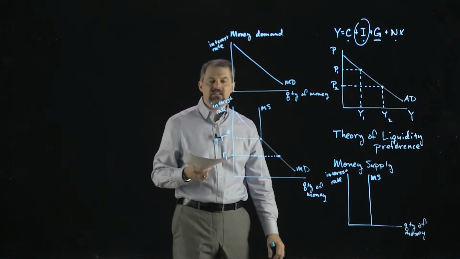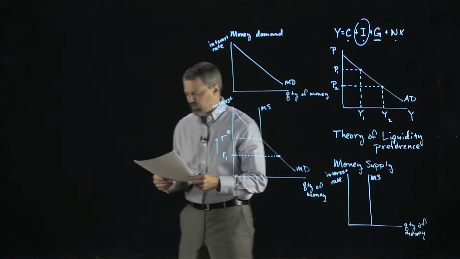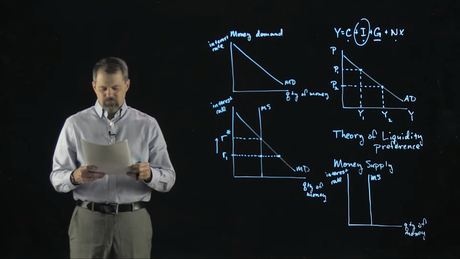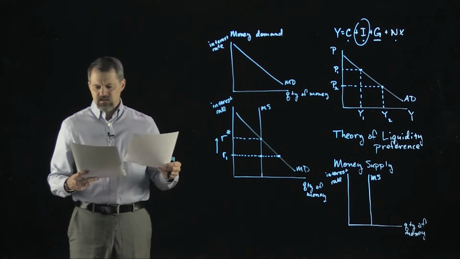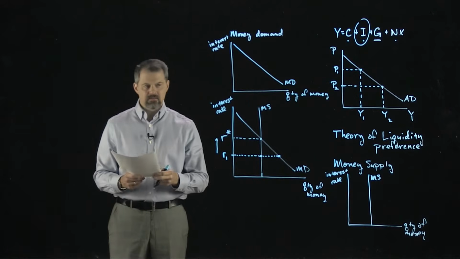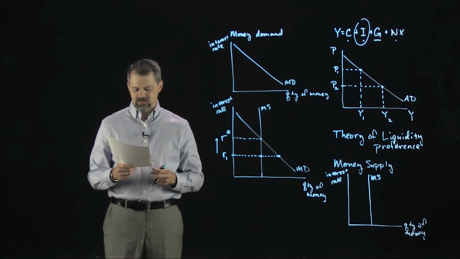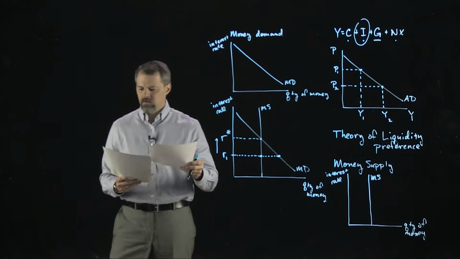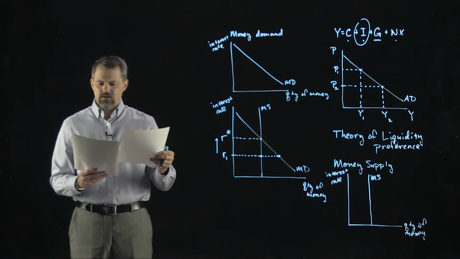So now we can think a little bit more about the downward slope of the aggregate demand curve. So if we think about what happens in terms of the interest rate when the price level changes, this will help us understand the downward sloping aggregate demand curve.